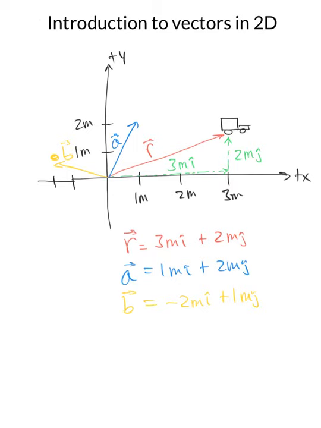So I'm able to use this minus sign here to indicate that in order to get to my yellow point here, I need to walk to the left in the negative x direction for 2 meters, and I need to walk in the positive y direction for 1 meter here.